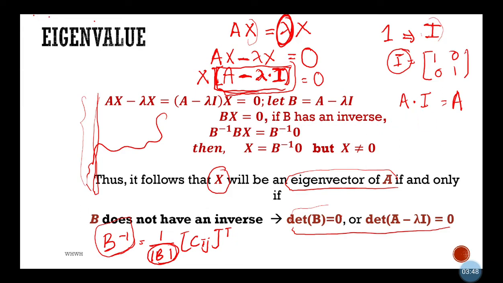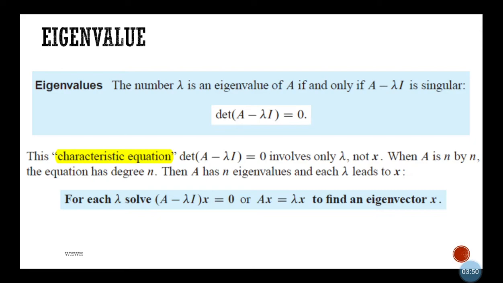Alright, so I jump straight to this slide. Remember what I said just now? Our aim is to find the eigenvalue and eigenvector. So first of all, we will find the eigenvalue first.